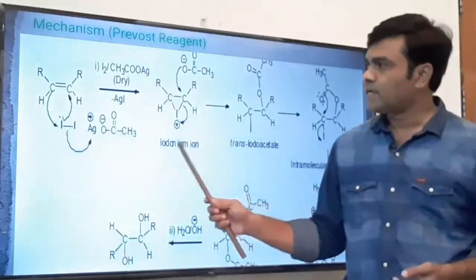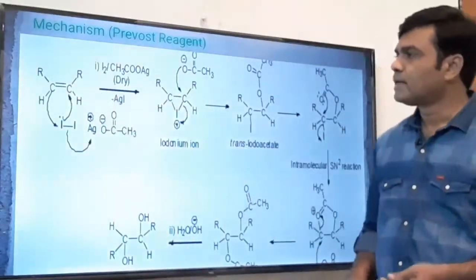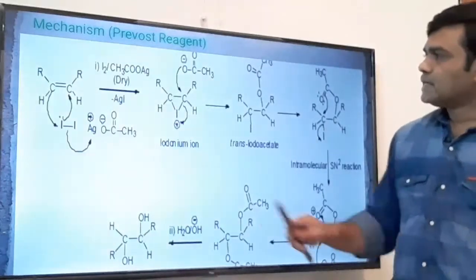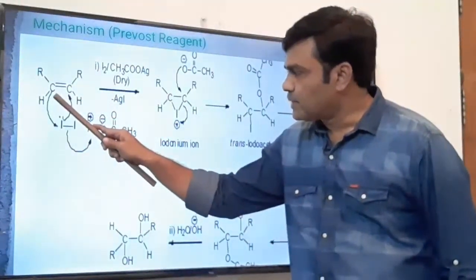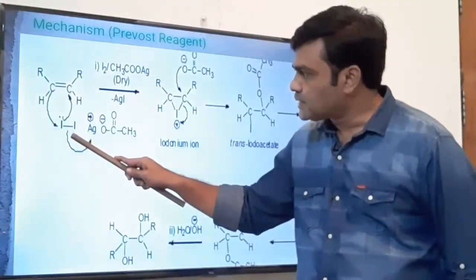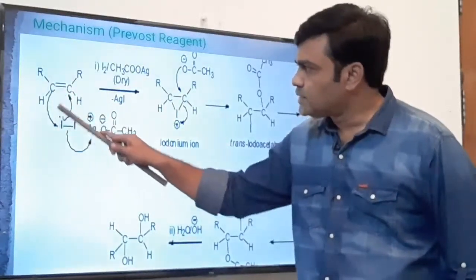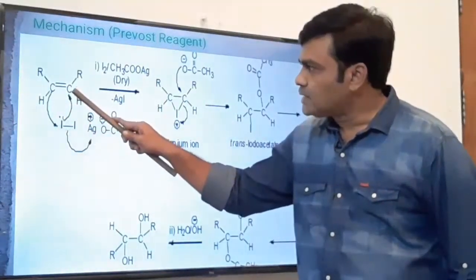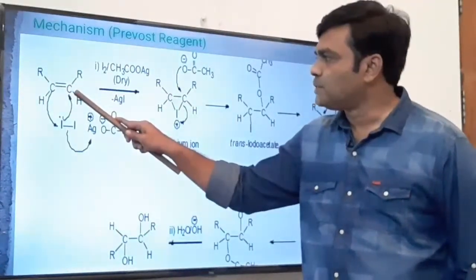How this iodinium ion is formed from this alkene on treatment with iodine is interesting to see. See here, this pi bond is open on the carbon, so it has a negative charge, electron rich. At the same time, iodine bond cleavage takes place, so it is deficient. So this is rich, this is deficient, a bond is formed. And what is the charge on this carbon? When these pi bonded electrons are shifted onto the carbon, it is positive, deficient.